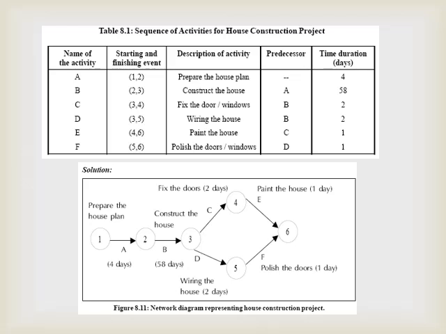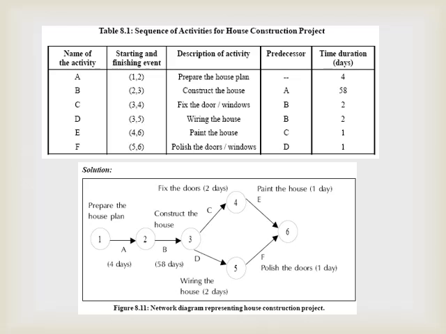The duration time. Activity A will take 4 days. Prepare the house plan takes 4 days, while construct the house takes 58 days. Fix the doors and windows, 2 days.